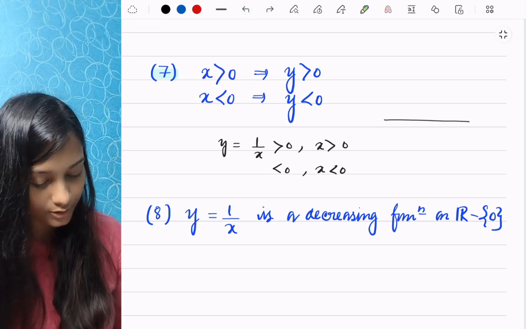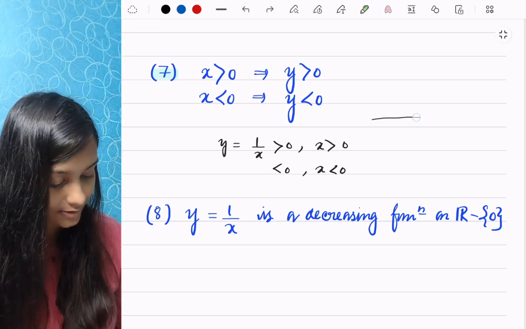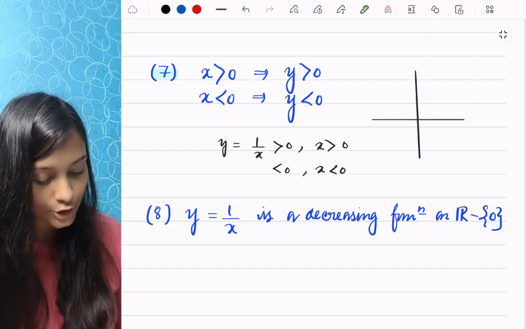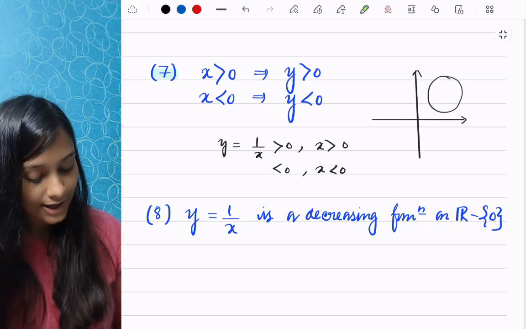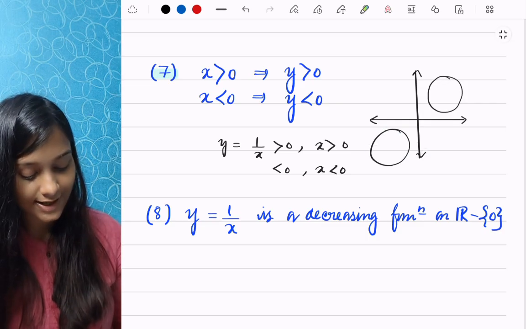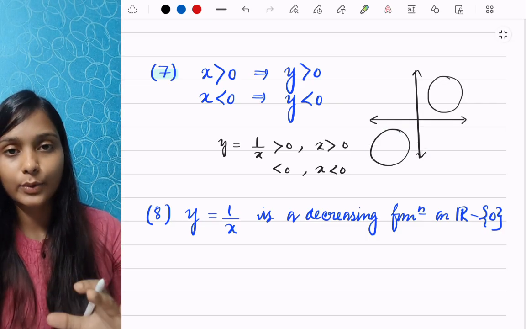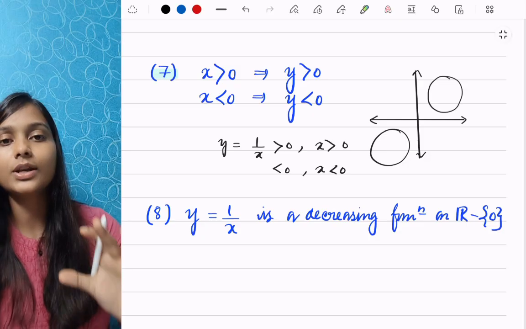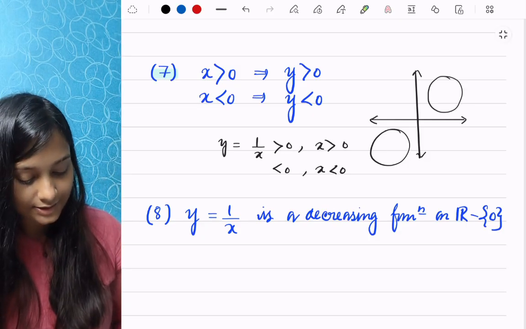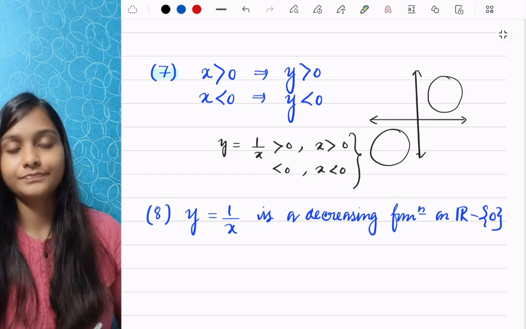So let me plot the coordinate axis here like this. So if x is positive, then y also should be positive. That means this side. And if x is negative, y should be negative. So this side. So the graph of y equals 1 by x should lie in the first quadrant and the third quadrant, as these two conditions hold.